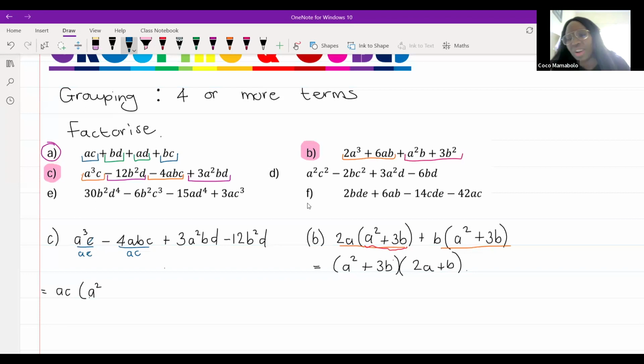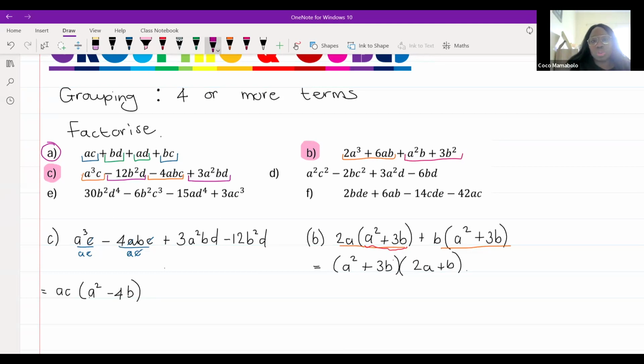So there's no need for us to write the 1 there, because 1 times a squared is just a squared. Over here, I'm going to have 4 anyway, so I'm just going to write minus. The a and the a will cancel. The c and the c will cancel. And I will have b left. So I've got a squared minus 4b. That's for the first 2.